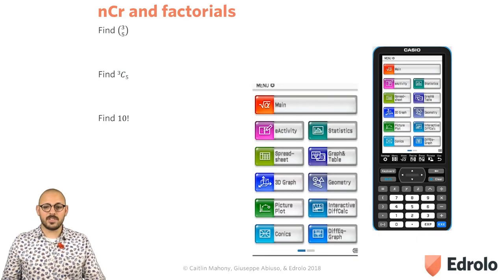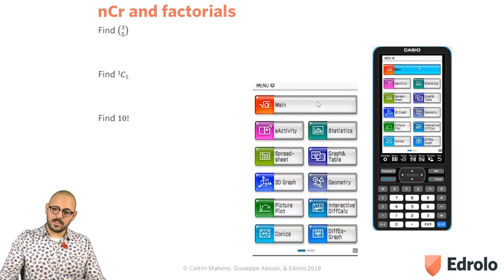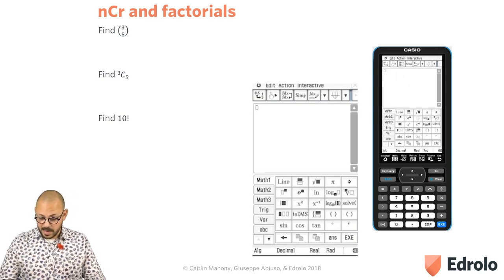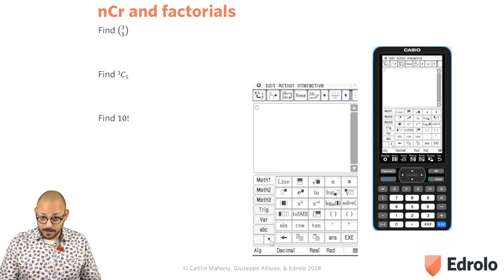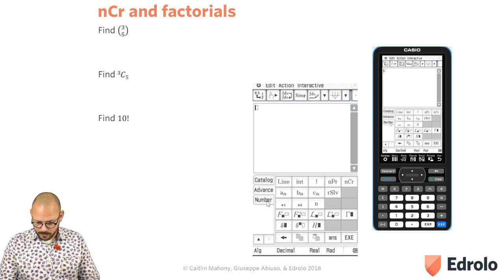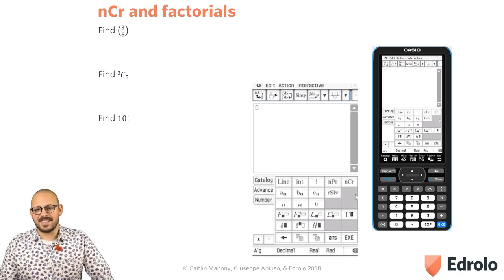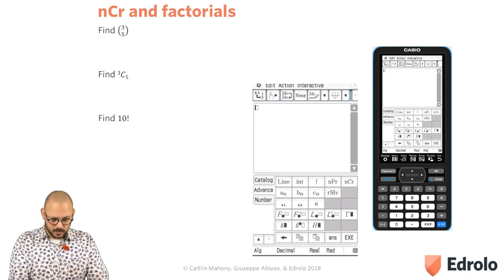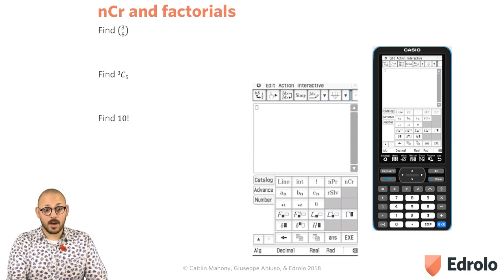To find combinations and factorials, we're going to need to use the main screen. We're going to bring up the keyboard, and we're going to hit this arrow here and go to Advance. And here we have NCR, which is not the New Californian Republic, but N choose R. So here, this is 5 choose 3.